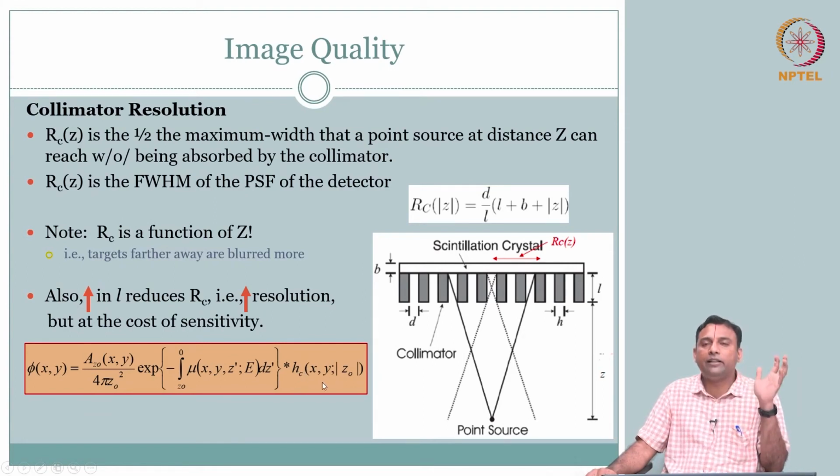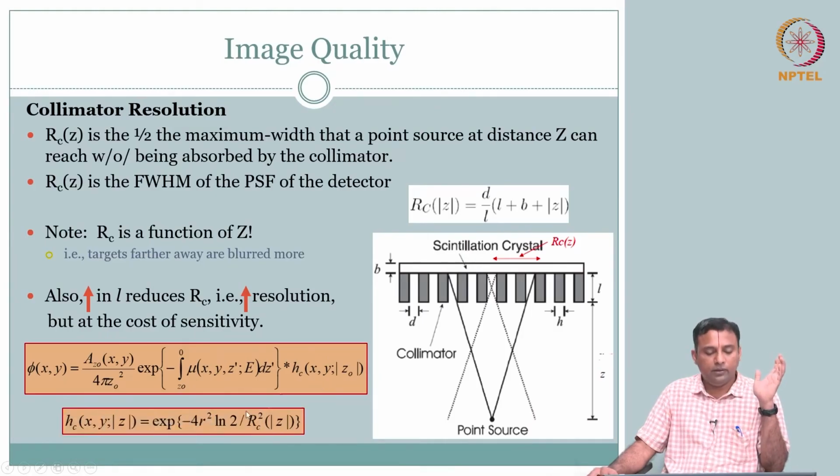Usually it is a Gaussian, which is what is assumed. This is a reasonable model, and you can incorporate its effect. So the imaging equation is now incorporating the blurring due to your collimator resolution. Is that all?